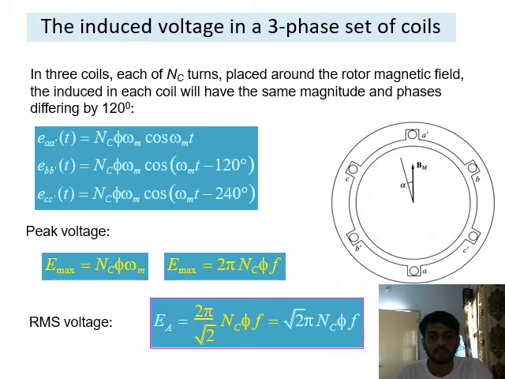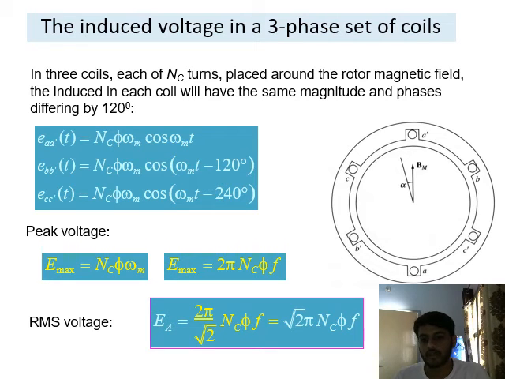So this is it for today. We studied what synchronous machines are. In synchronous machines we have two parts, the synchronous generator and the synchronous motor. In this chapter we purely study the synchronous generator. Then we studied the construction and the difference between the three-phase synchronous generator and the three-phase induction motor.